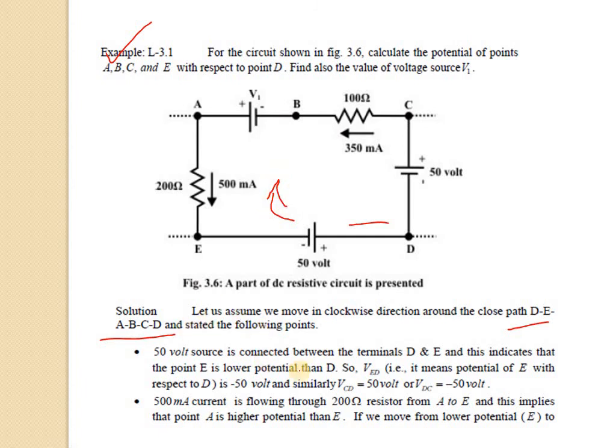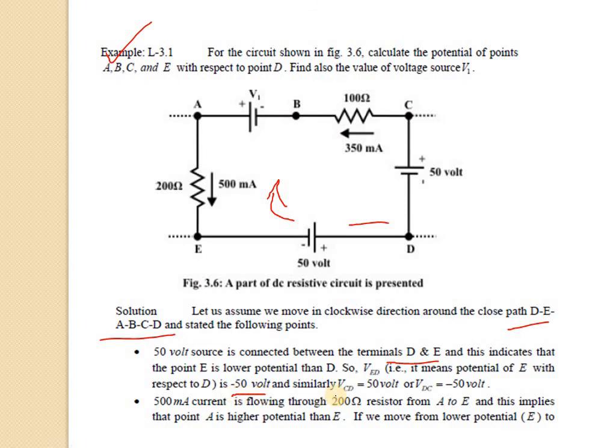So the 50 volt source is connected between terminals D and E, and this indicates that the point E is at lower potential than D. So VED is equal to minus 50 volt.